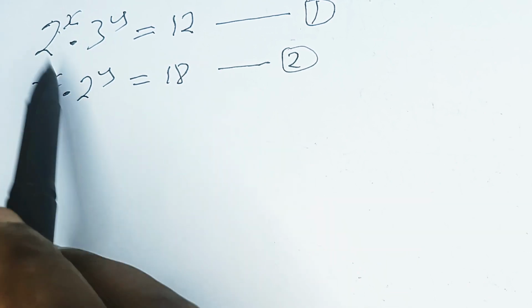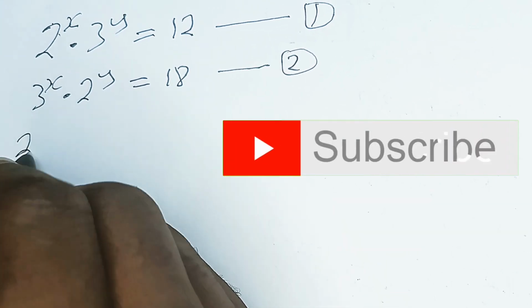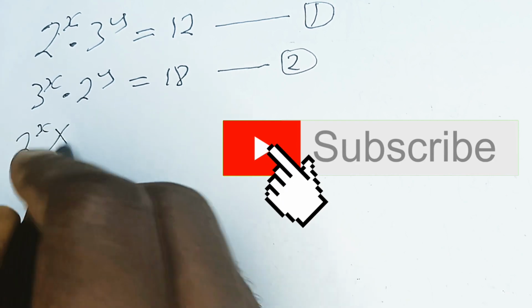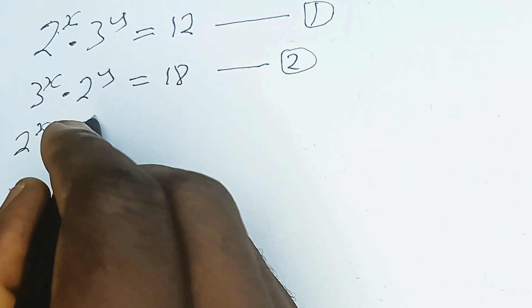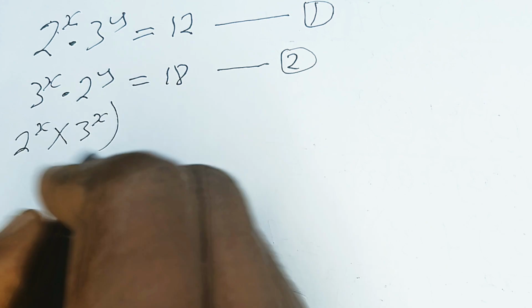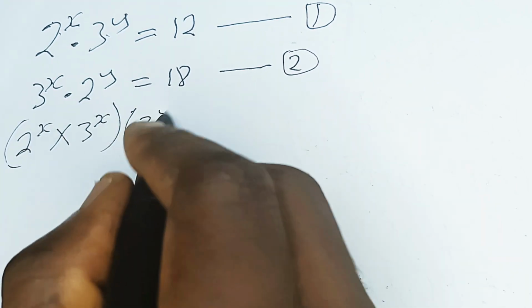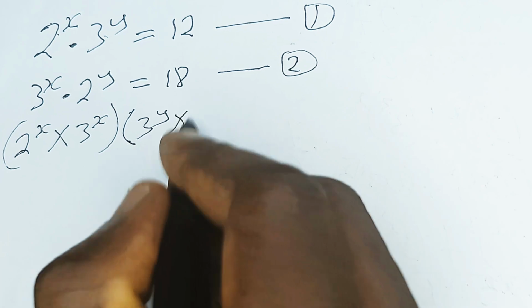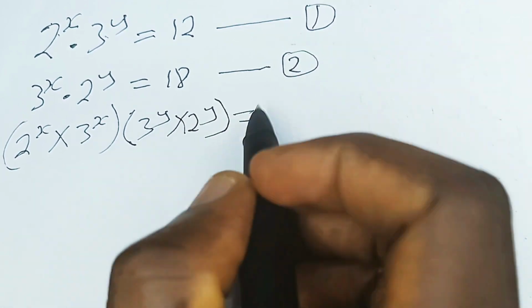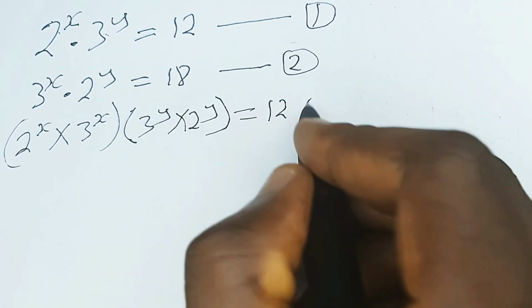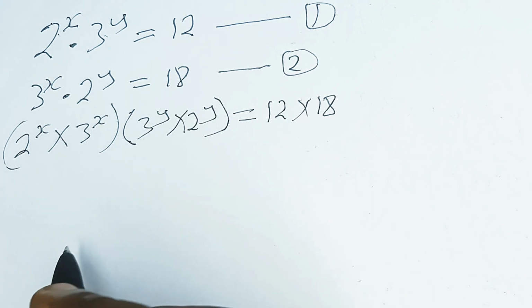So this times this gives us 2 raised to the power of x times 3 raised to the power of x. And again we have 3 raised to the power of y times 2 raised to the power of y is equal to 12 times 18.